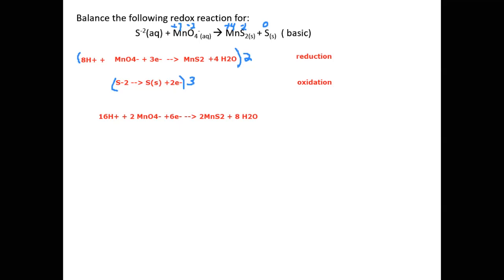Then we're going to get 3 S2 minus yields 3S plus 6 electrons.